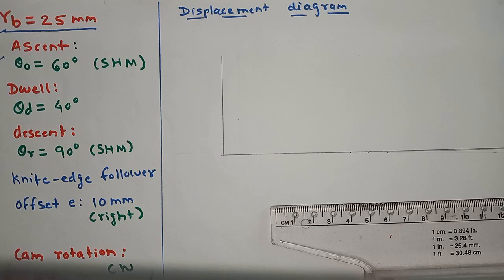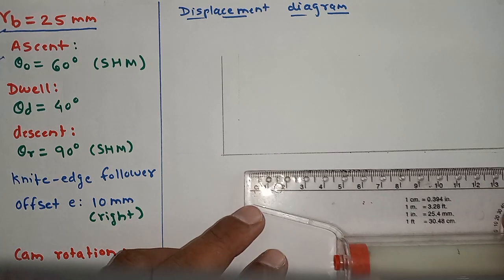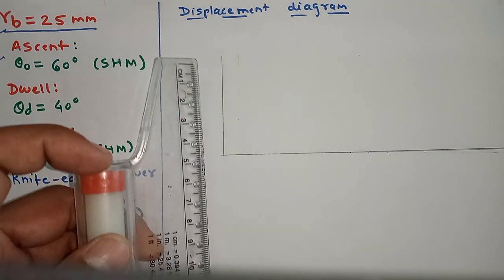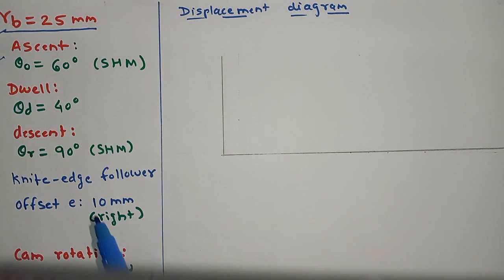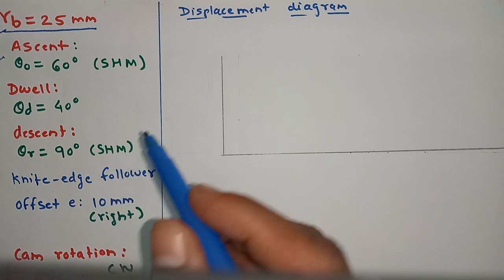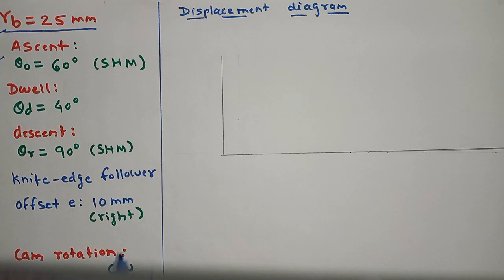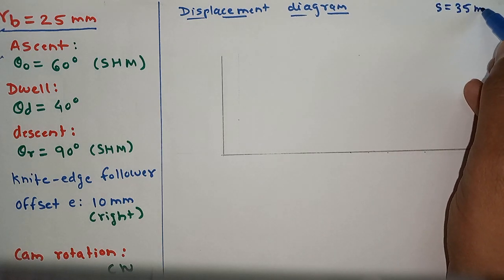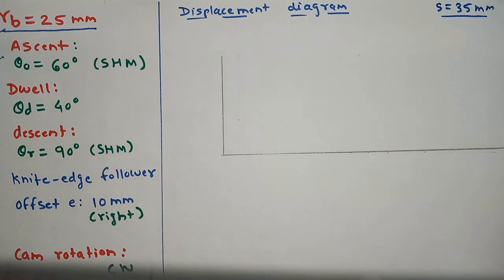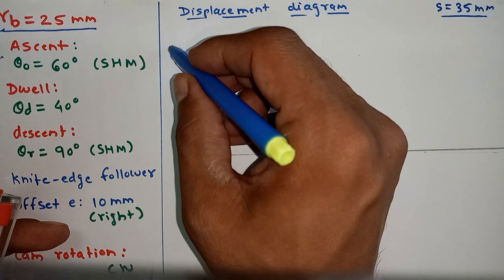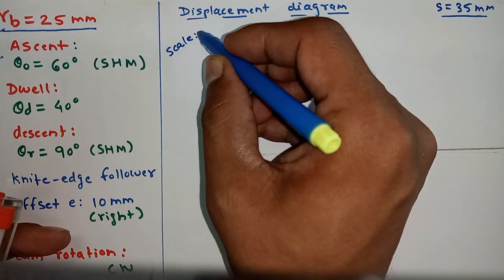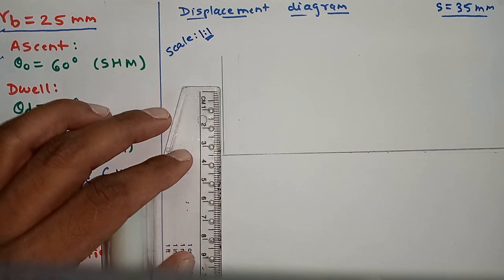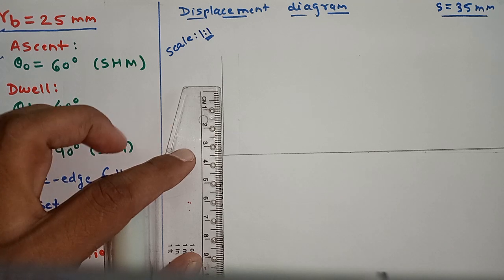So the very first step is to draw the displacement diagram. Here I have drawn x-axis and y-axis. On y-axis we plot the displacement of the follower, which is 35 mm. So the stroke of follower is 35 millimeter, maximum lift of the follower. I will use scale for y-axis as 1:1 and plot the displacement of the follower.